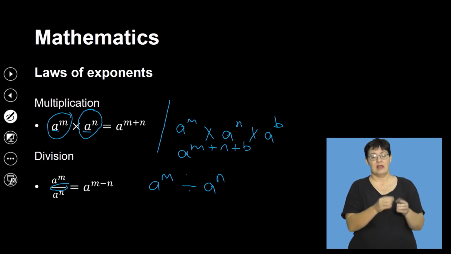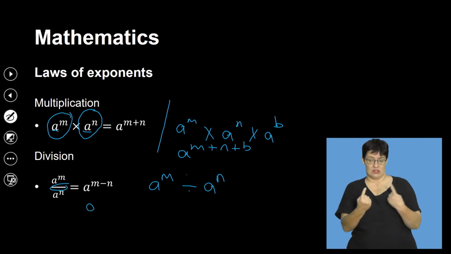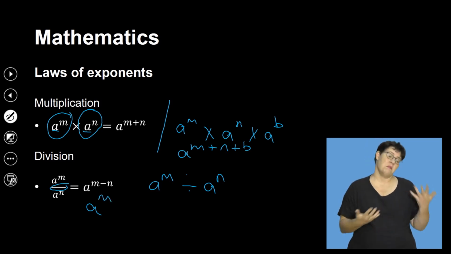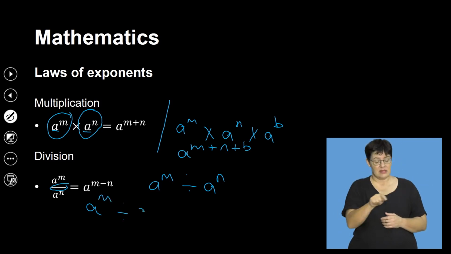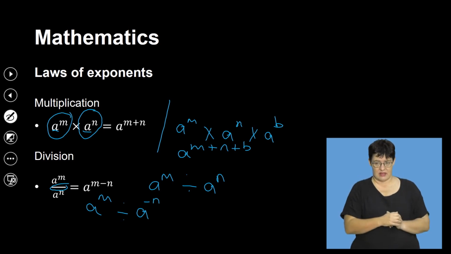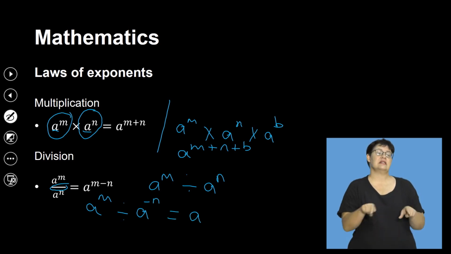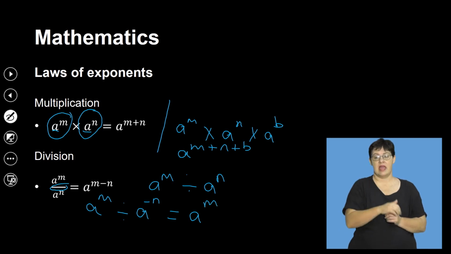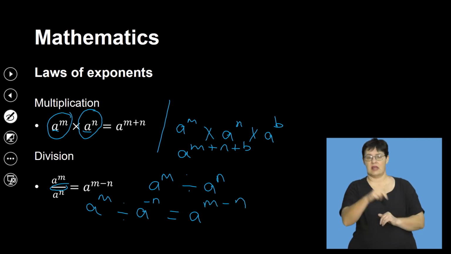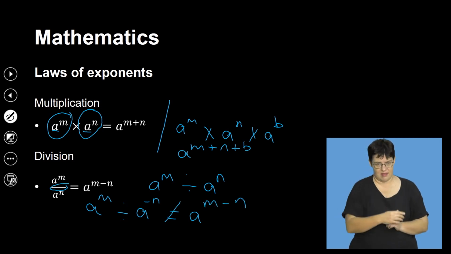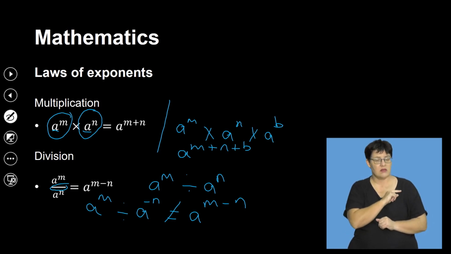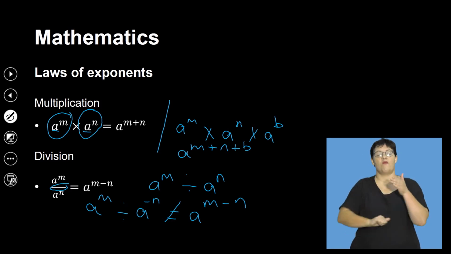Now, one of the other misconceptions that I've realized is when we have maybe a to the exponent of m divided by a to the exponent of negative n, right? And then a person will say this is the same as a to the exponent of m minus n. This will be a lie. This is not correct. Why is it not correct? It's because you are subtracting the exponent.